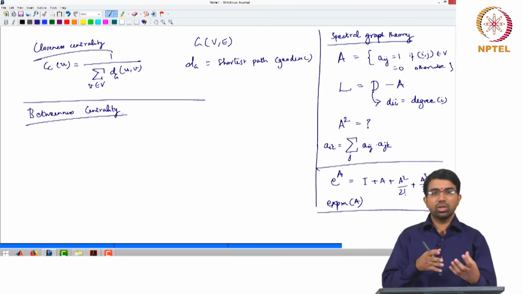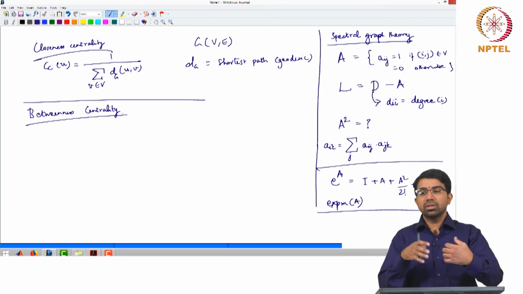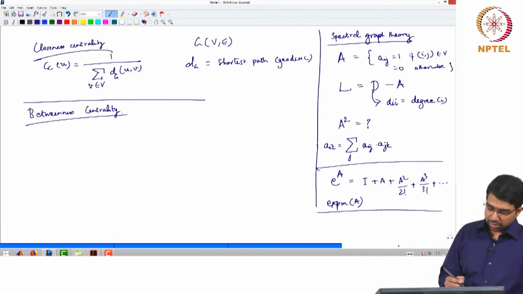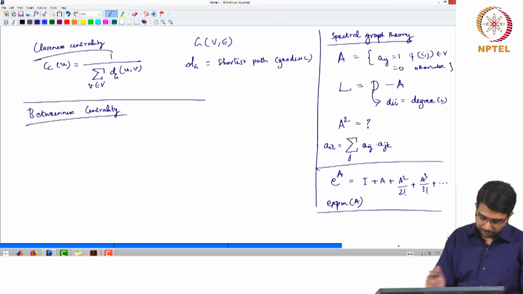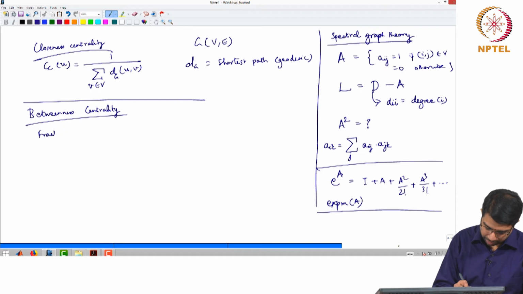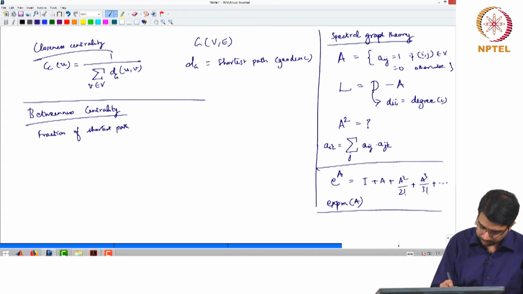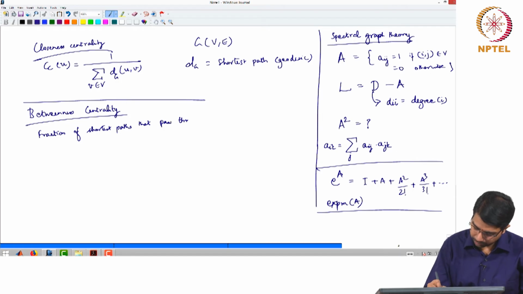How often is a given node sitting on a path between two other nodes? Can you think of how this might be calculated? It is essentially a fraction of shortest paths that pass through a given node.